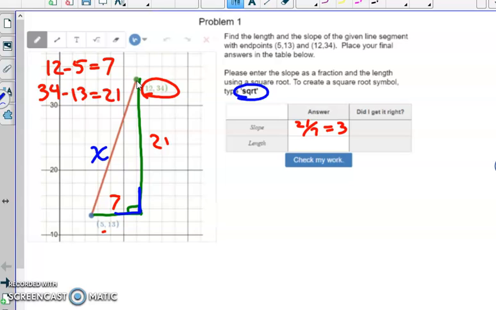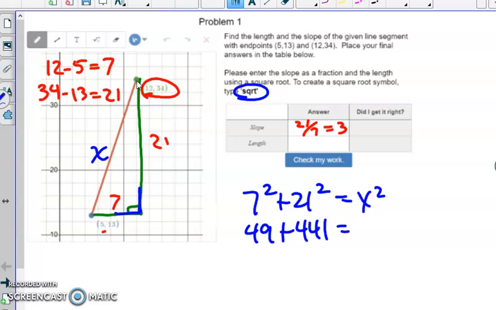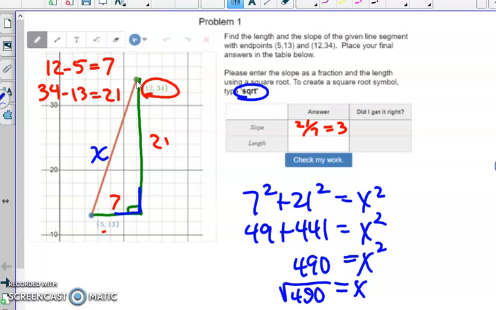All right, so hopefully you set up the problem using the Pythagorean theorem. So 7 squared plus 21 squared equals the hypotenuse squared. 7 squared is 49. 21 squared is 441. So that means that the area of the square coming off the hypotenuse is 490. And then to find the length, we use square roots.